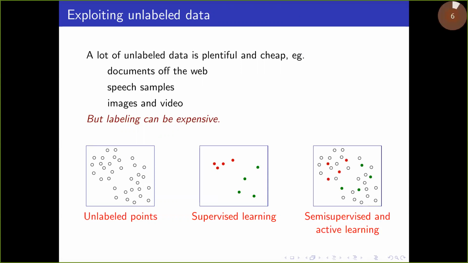Or maybe you want to interactively choose which examples to label, and that would be called active learning. Or there's another version where you already have labels, but you also have unlabeled data, and you're trying to learn a good predictor for the labeled data in the presence of the unlabeled data, which adds some advice, right? That'd be called semi-supervised learning. Okay, so we're going to be talking about active learning here.